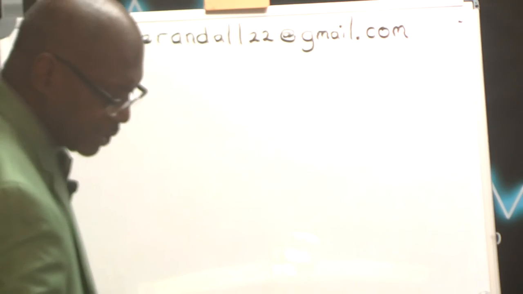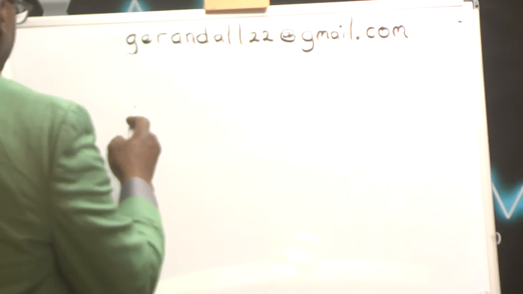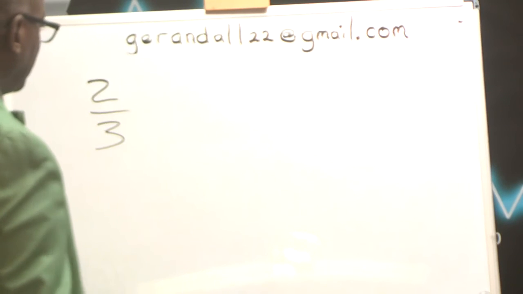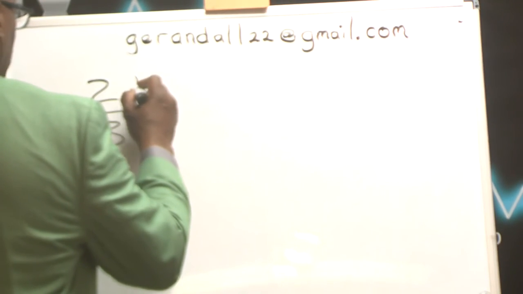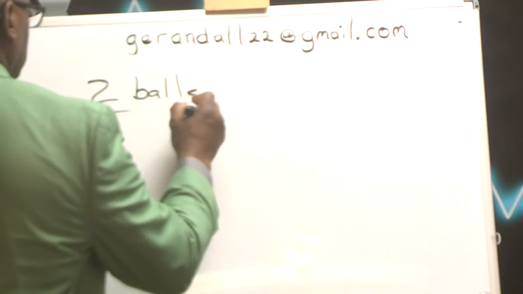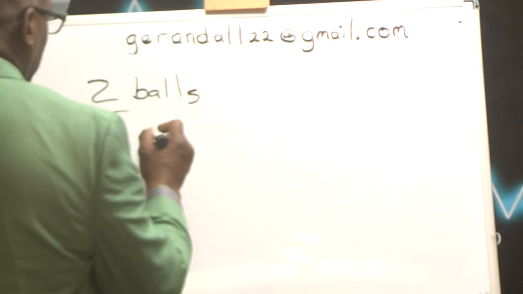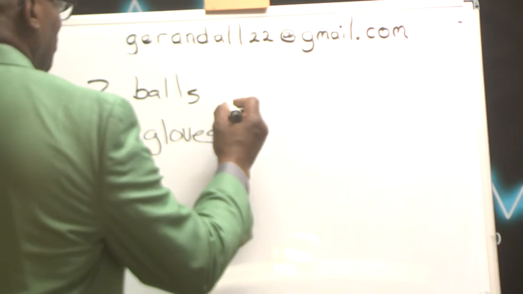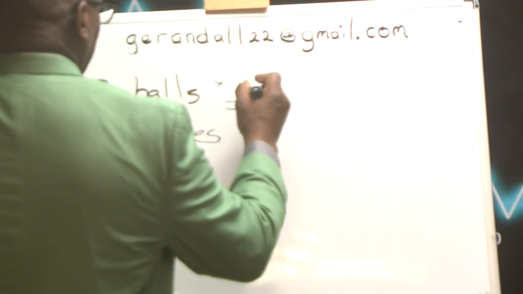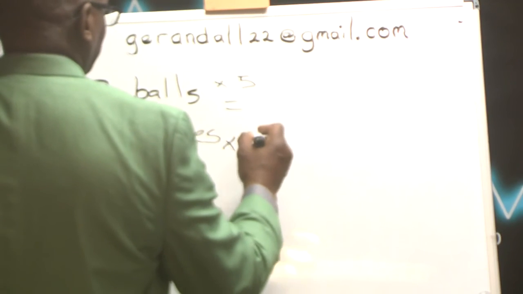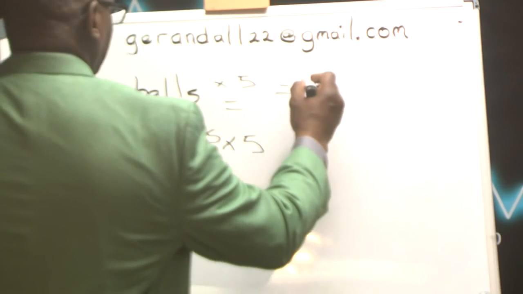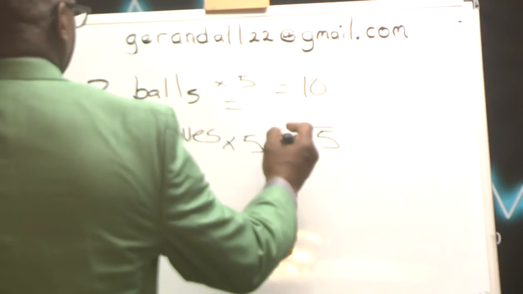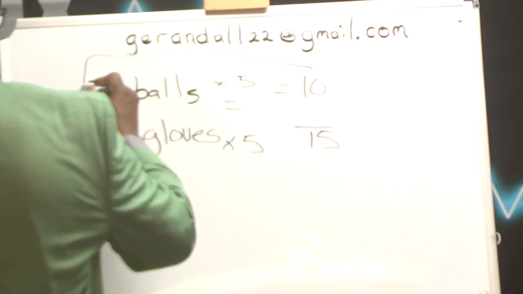So with what we've done today, we looked at that fraction again, and actually we call that a ratio. There are 2 balls to 3 gloves. And we can write an equivalent by multiplying numerator and denominator by 5, and that would be 10 to 15. Okay? And that would be an equal fraction to this.